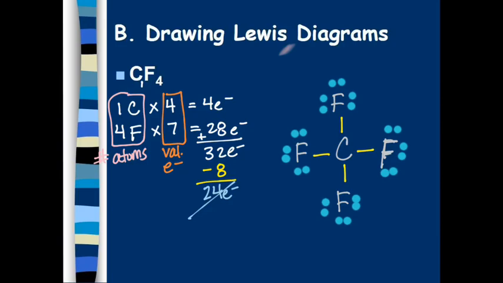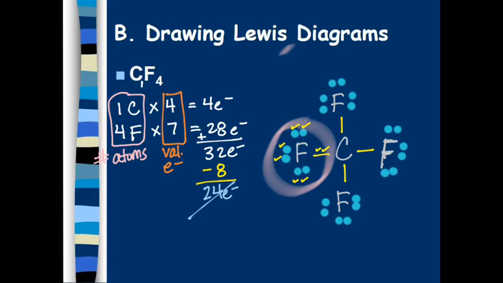Now when you look around fluorine, I count, and let me just check mark them for you as I count. I count 1, 2, 3, 4, 5, 6, 7, 8, because that dash represents 2 electrons. So there are 8 electrons around fluorine. If you go look at the other fluorines, you will also see 8 for each one.